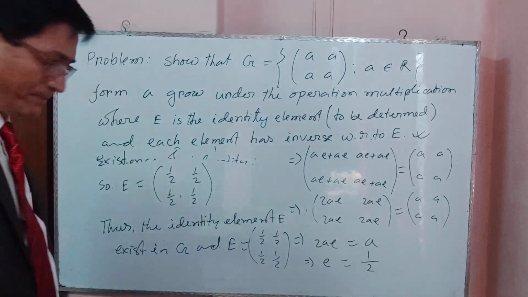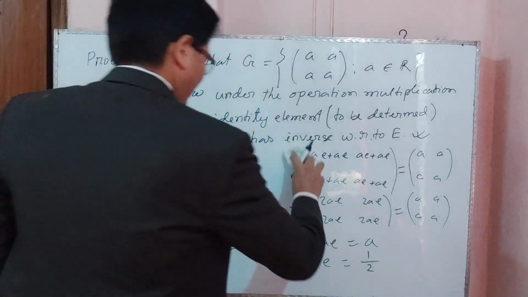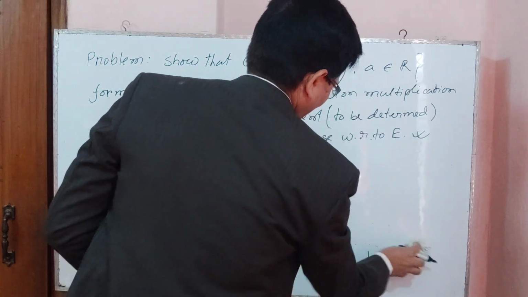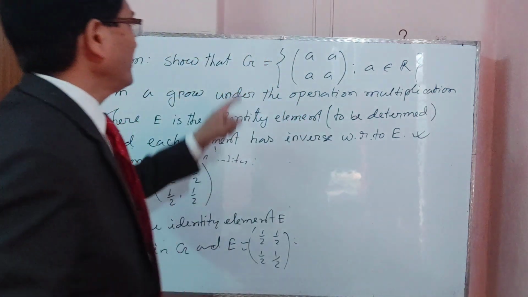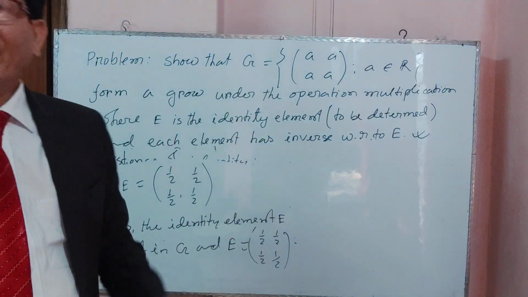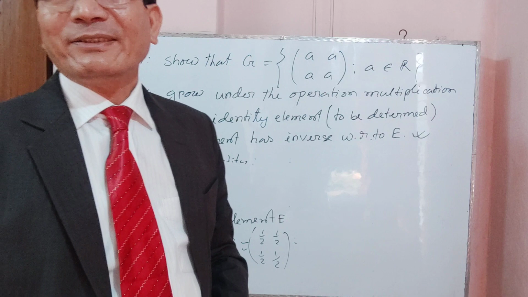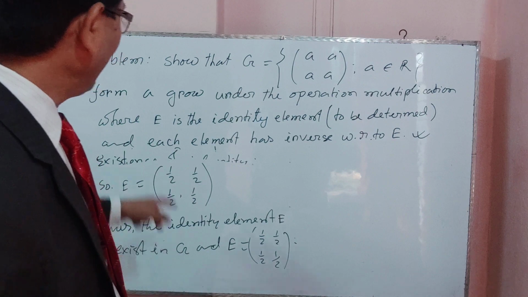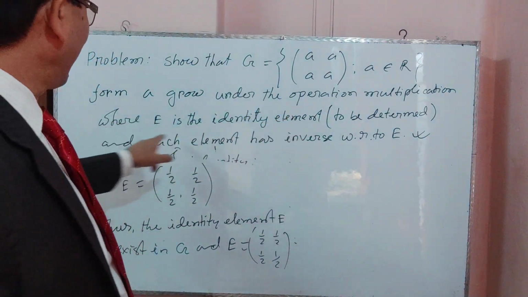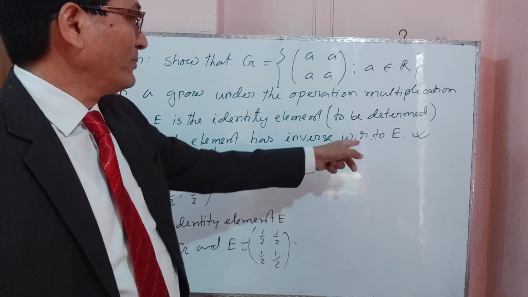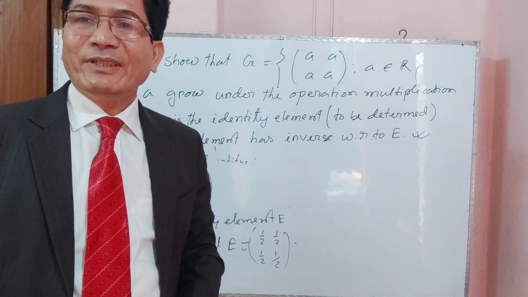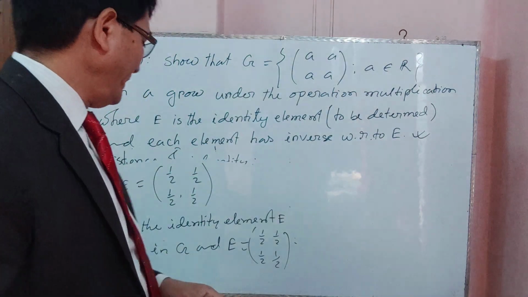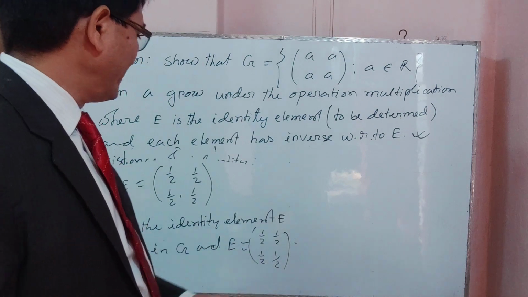Okay, dear students. So among the 4 properties, we have already proved 3 properties. Thus, one condition remains for the set G to be a group, and that is the existence of inverse of each element. Here it is said each element has an inverse with respect to E, and E has already been determined by us.